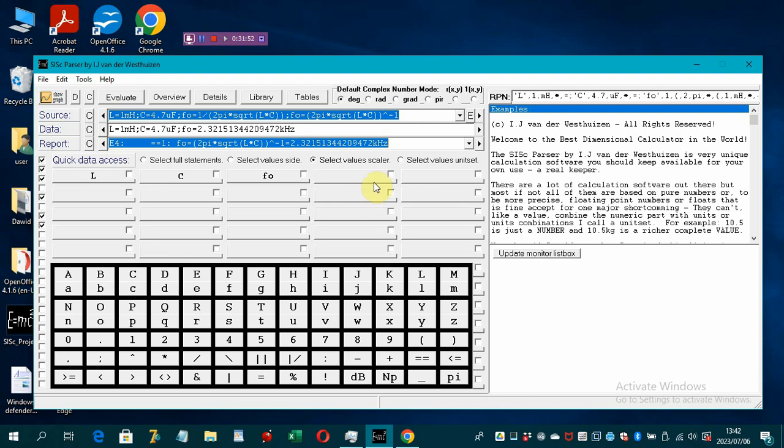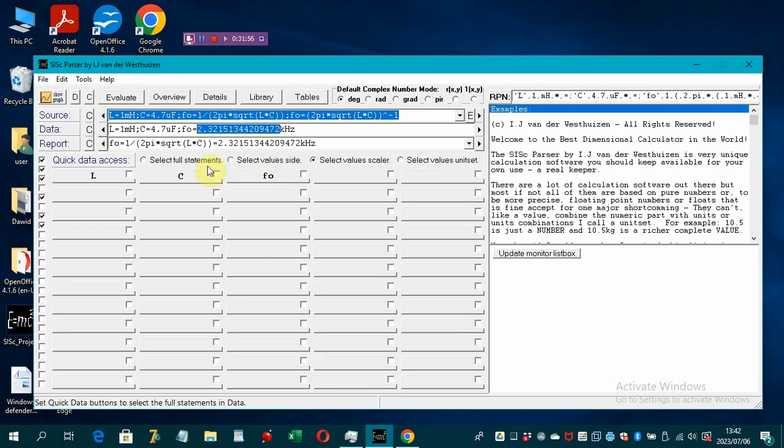So if you click on FO there, if I select the value side, that's the whole value on the right hand side of the equation, then I get 2.3215 whatever kilohertz. You see that kilohertz there? That's FO.